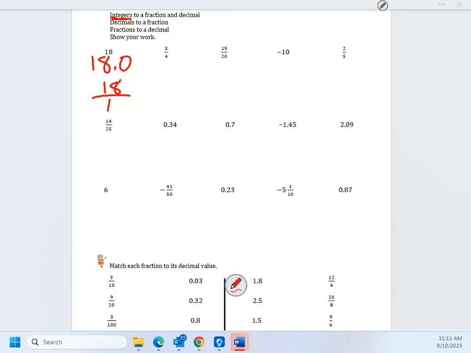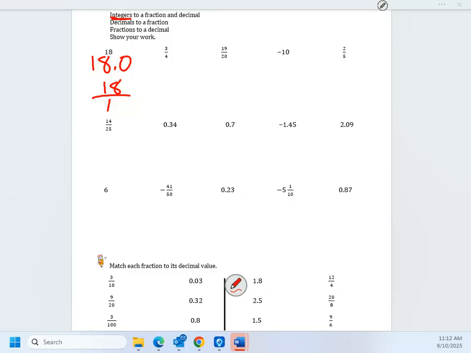So remember, when we're working with that integer, we still want it to equal 18. So it would be just putting the .0 after it to make it a decimal, putting it over a 1 for the fraction. So if you have the integer, keep it that same integer value. Just put a decimal of 0 or a fraction over 1.